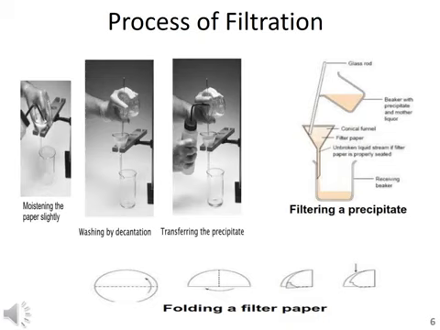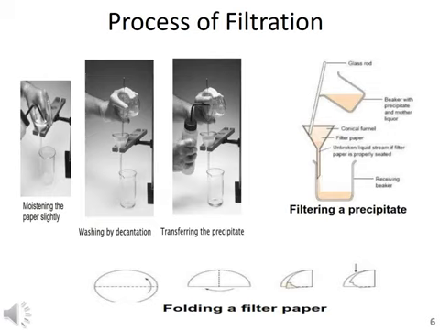This reaction mixture actually contains precipitates and the mother liquor. So in order to separate the mother liquor and the precipitates, we'll use this filter paper and a funnel. You can see in this image, when you pour your reaction mixture on the funnel containing a filter paper, this filter paper allows only the mother liquor molecules to pass through and stops the precipitates.